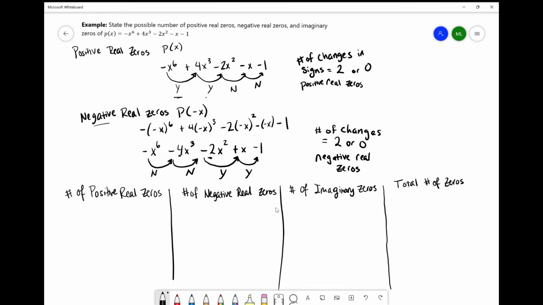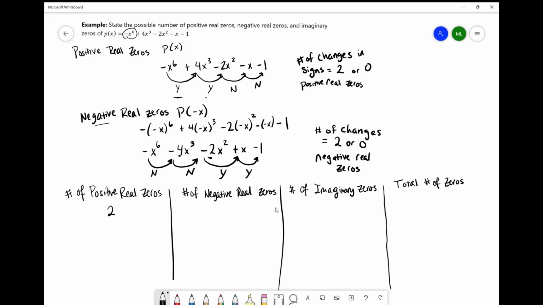Okay, now look here what happens when we make this table. For the number of positive real zeros, again, I could have 2. But what's our degree here? Our degree here is 6. So I have to have a total of 6 zeros at the end.